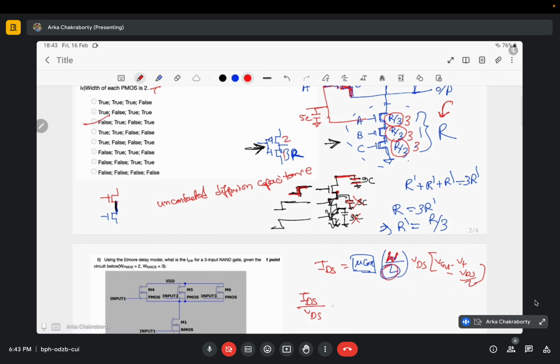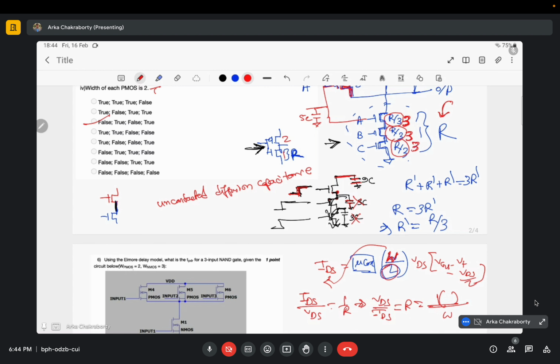So IDS by VDS is 1 by R, or VDS by IDS, which equals R. You will see VDS by IDS would be some constant divided by W, since W comes below. So resistance is inversely proportional to W. If I make W twice, the resistance would become half, correct? So if I want to make a resistor 1/3 of the initial, I need to take W as thrice the initial condition. That's why W of 3 has been taken.